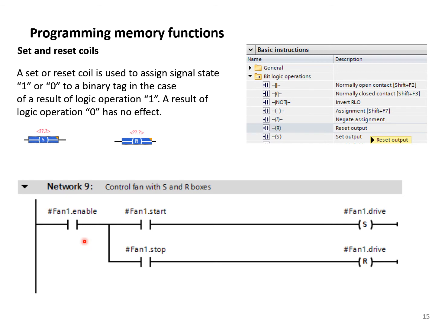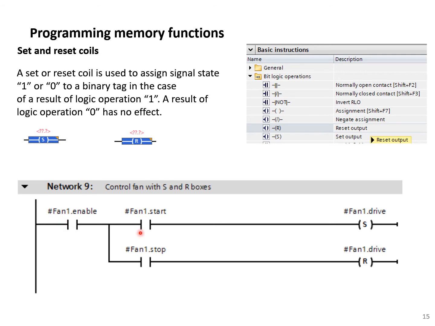So here, fan 1, let's say, is enabled and working, and the fan 1 start is pressed. Now we could set the fan. I don't know what this fan 1 enabled is; let's say it could be a main power to the system.